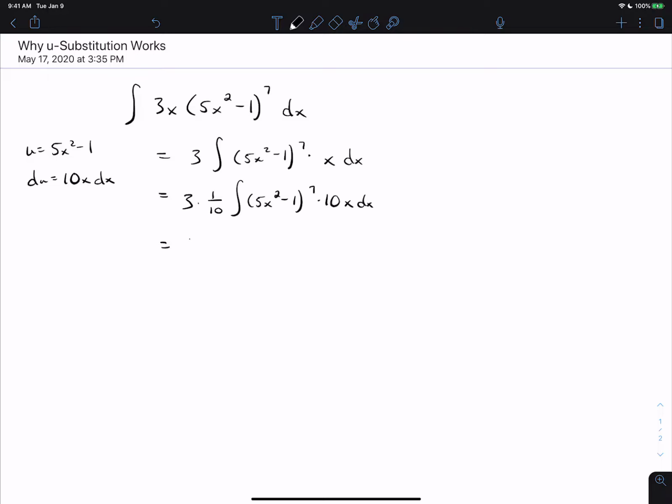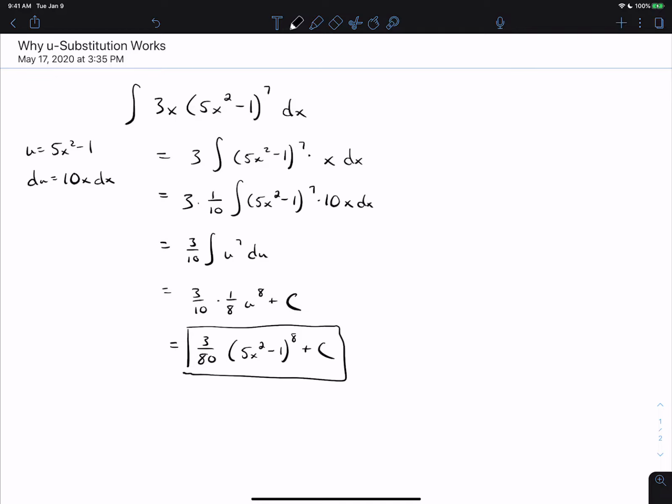So we get 3/10 integral u to the 7th du, which is now 3/10 times 1 over 8 u to the 8th plus c, which is 3 over 80 times 5x squared minus 1 to the 8th plus c. And so this is the answer.